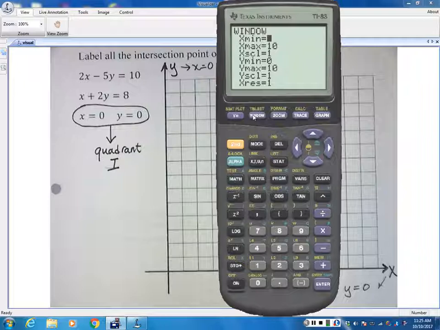I don't know why it's not graphing the second one.